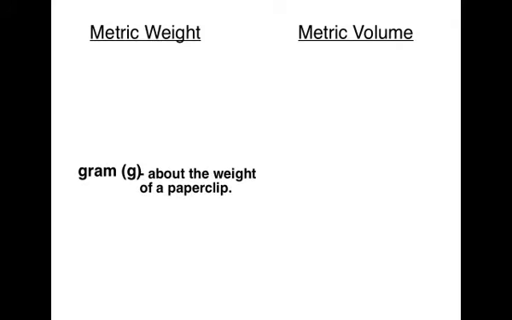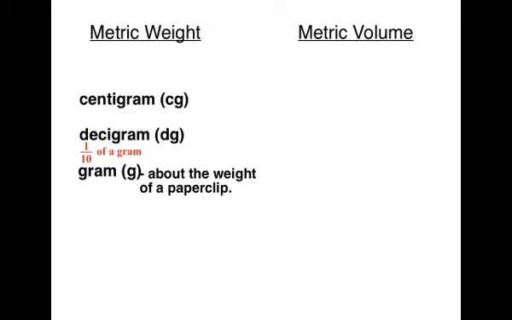Now the nice thing about metric weight and metric volume is that they use the same prefixes as distance. So I have the gram, and that's about the weight of a paper clip. Decigram is 1/10 of a gram, so imagine cutting a paper clip up into 10 pieces. Centigram, take that paper clip and cut it up into 100 pieces.